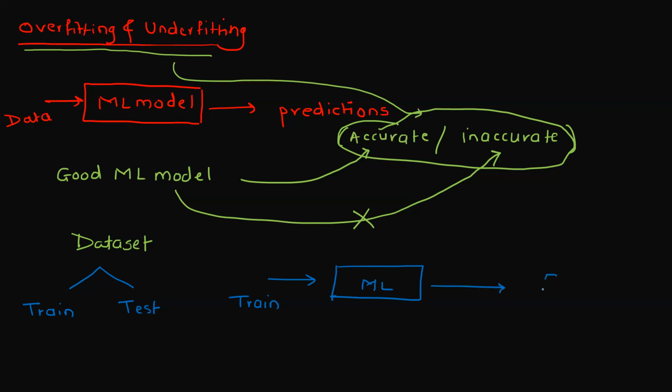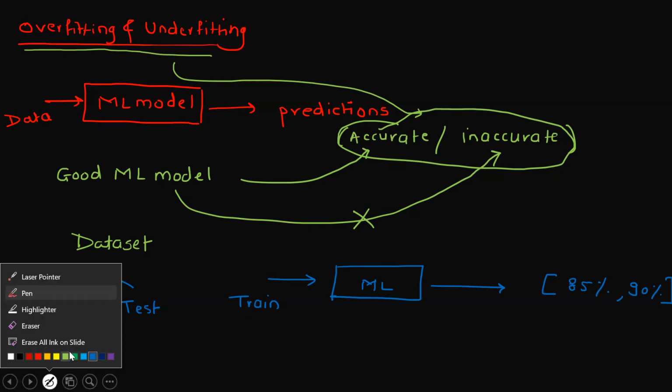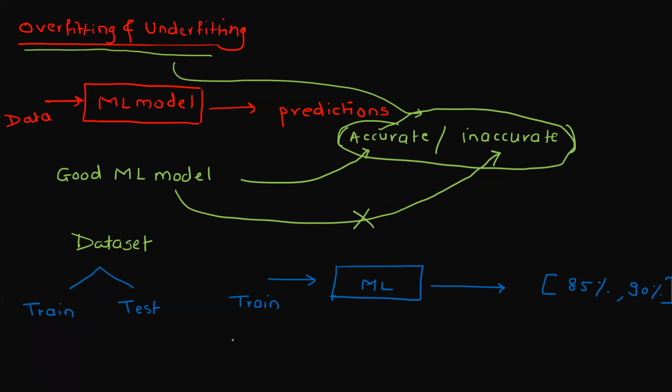Let us say we get an accuracy of 85% or 90% after training the model. Once the model gets trained, we give testing data to the same ML model, and we check its accuracy.